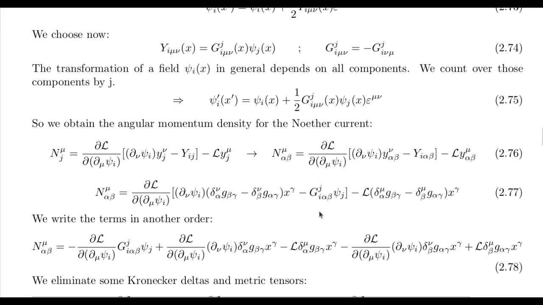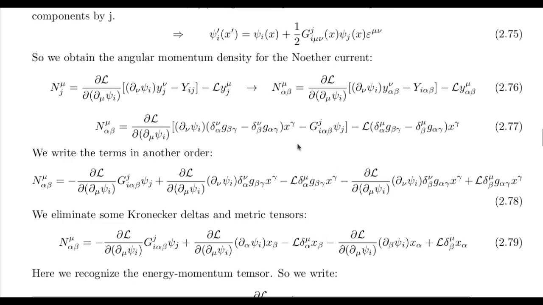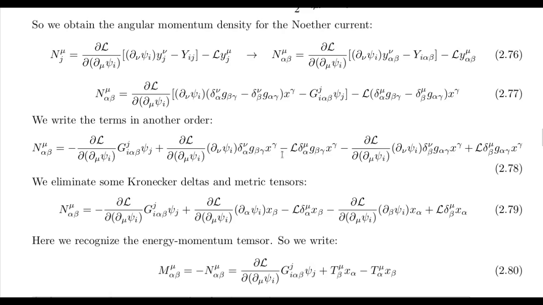So now we write the terms in another order. So we write now this. That means we have here factored out the brackets here. And so we have now these 5 terms. And now we eliminate the Kronecker deltas and the metric tensors.